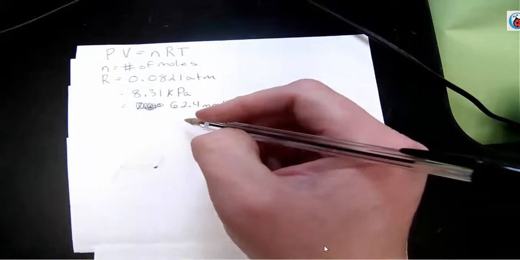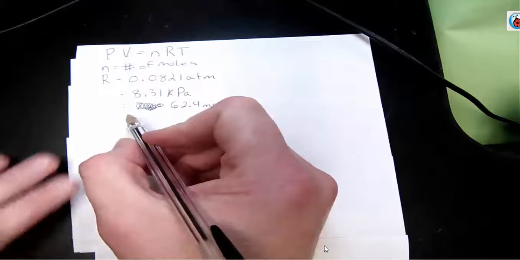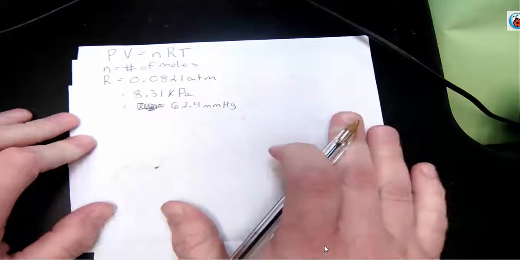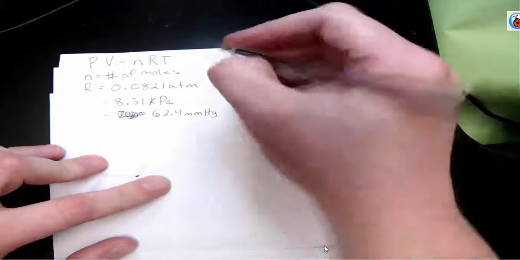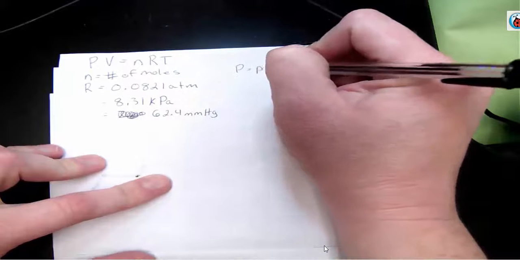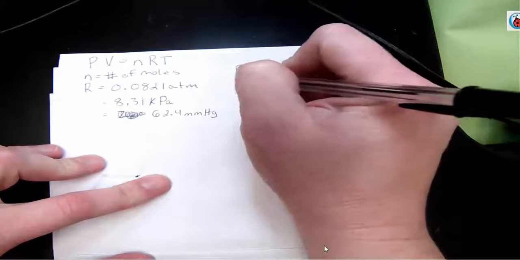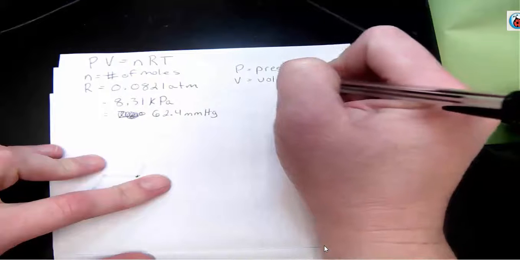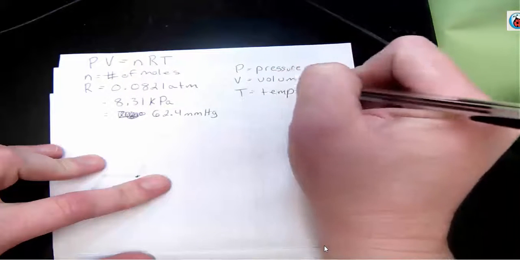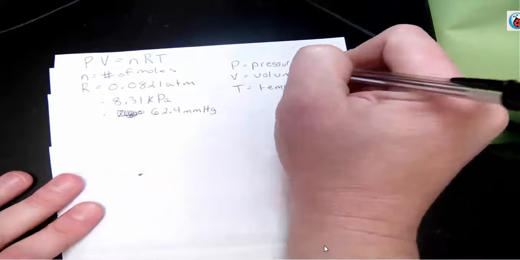Okay, so first, let's go ahead and we'll do a quick example. Go ahead and write the variables over here for pressure, just in case you're not sure. Pressure, volume, of course, and T is temperature. And that temperature will be in Kelvin. Volume will be in liters.